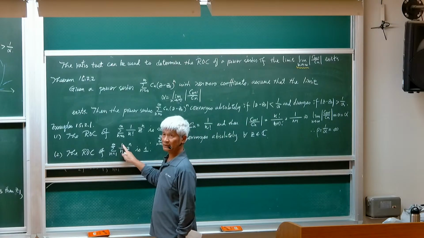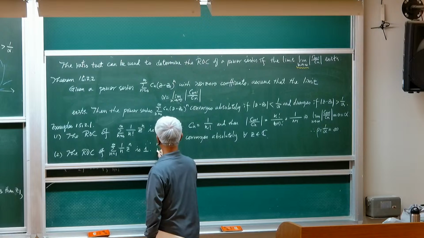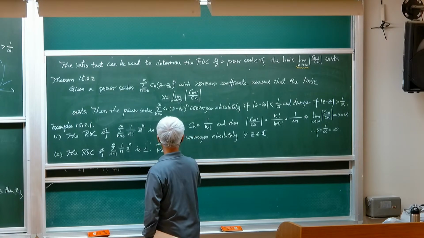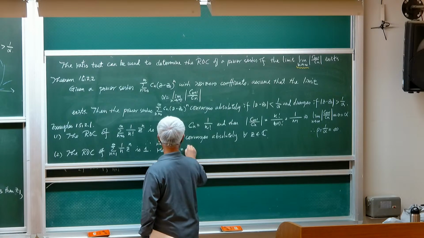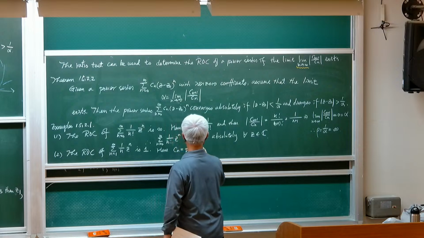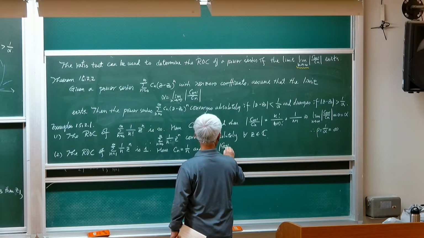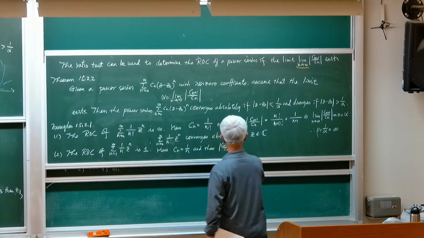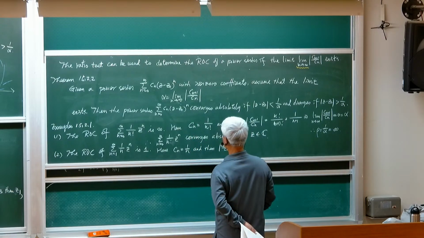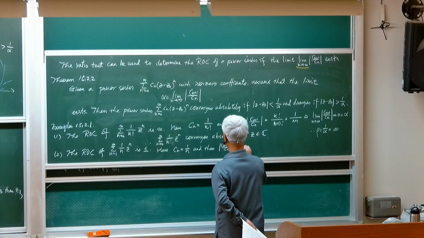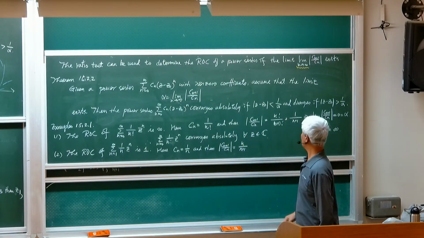For such a coefficient, you can see here Cn is equal to 1 over n, and then Cn plus 1 divided by Cn is n over n plus 1.